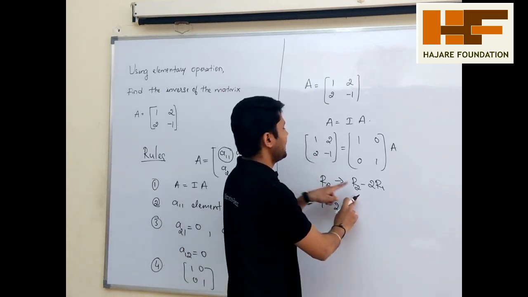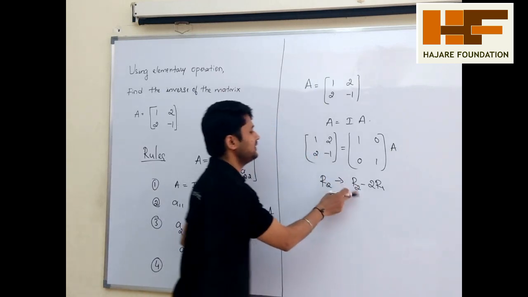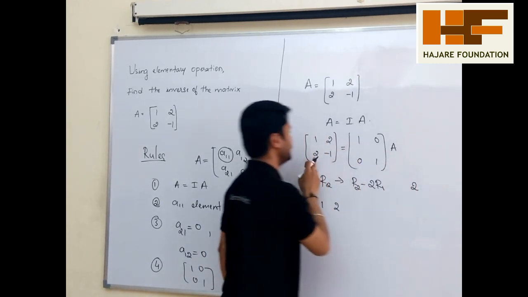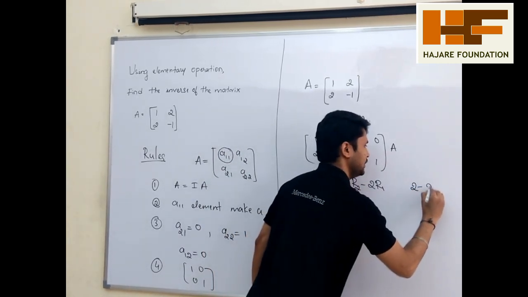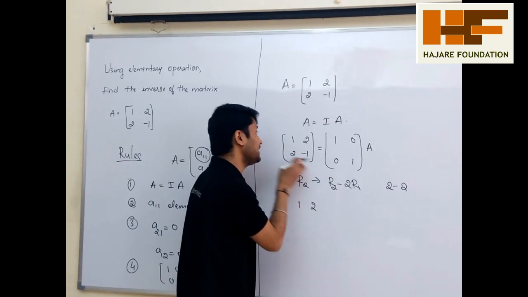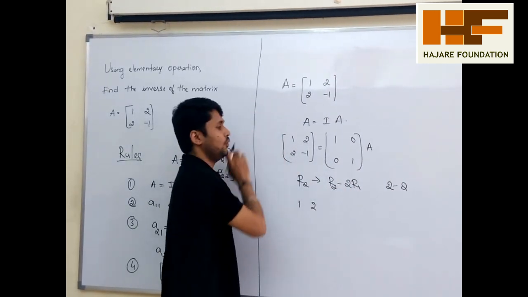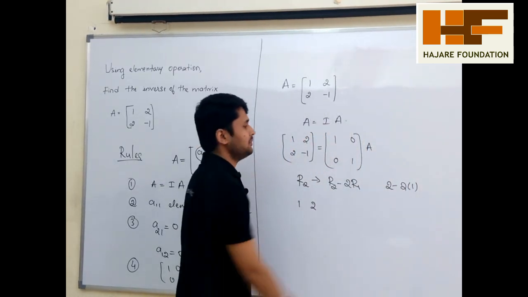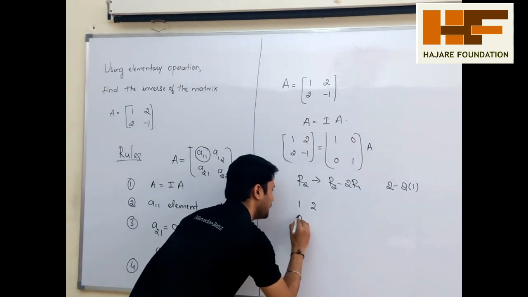Write down the R2 elements here. The R2 element is 2 minus 2 times the corresponding R1 element, 1. Simplify, and we get 0.